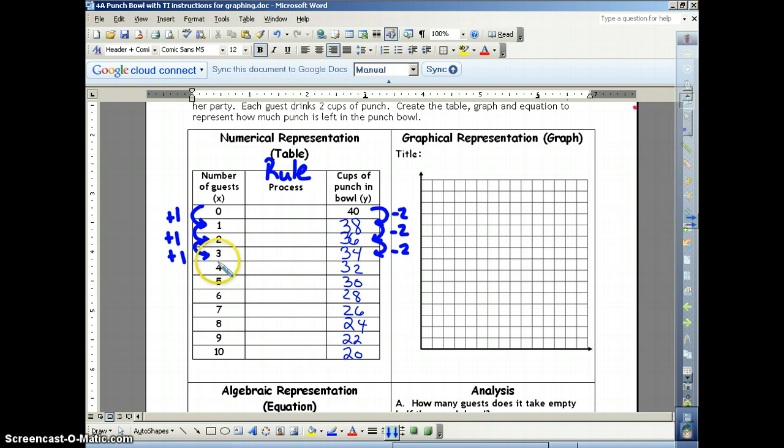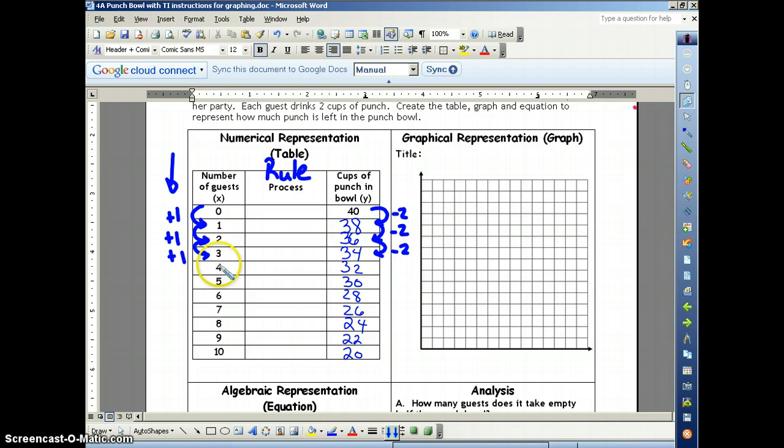I want to know, what are you doing to this number to change it into that number? What are you doing to 4 to change it into 32? And if you guys will make sure that your x values are increasing by 1 each time, you have a huge hint right here. That minus 2 is going to show up in your process.